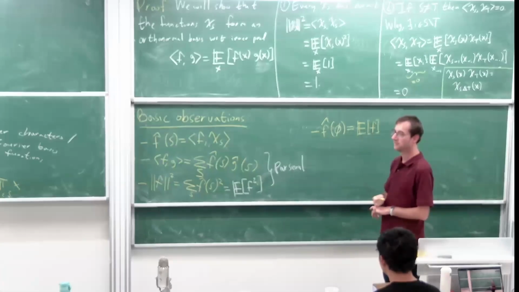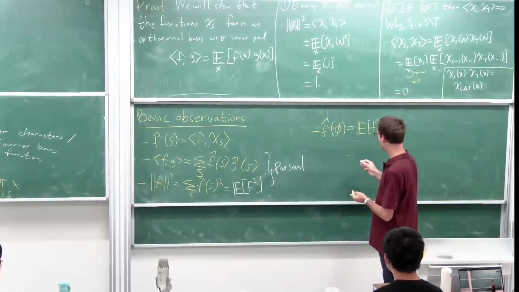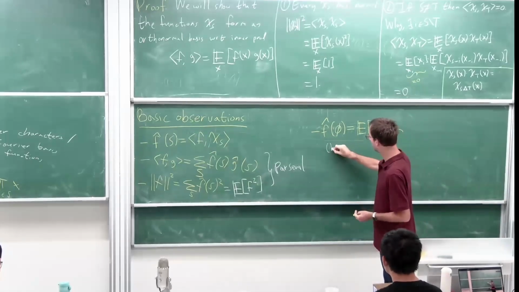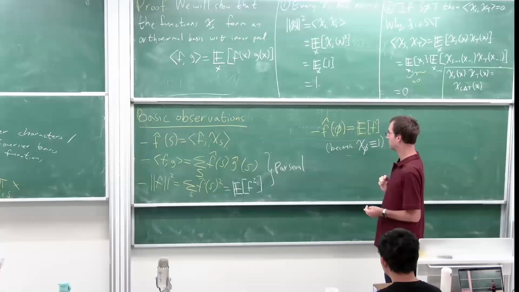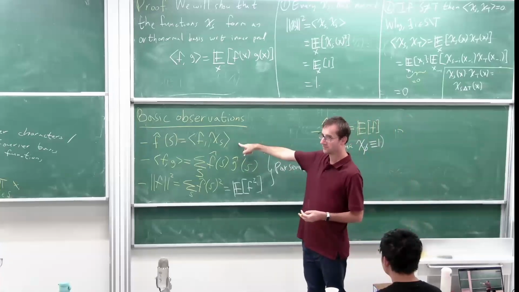That's the inner product of f with the empty function, right? So this is because the empty function is the constant 1. And now we use this formula.